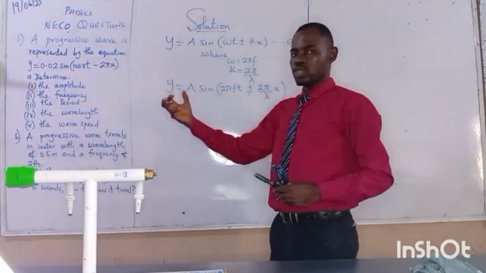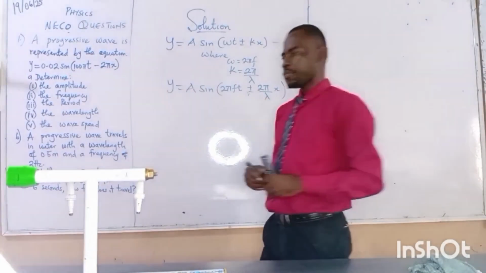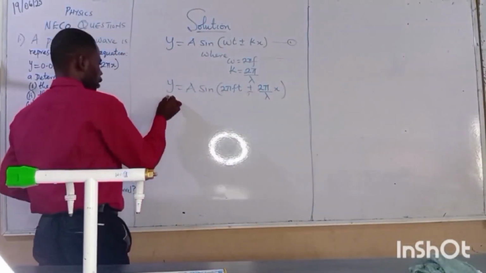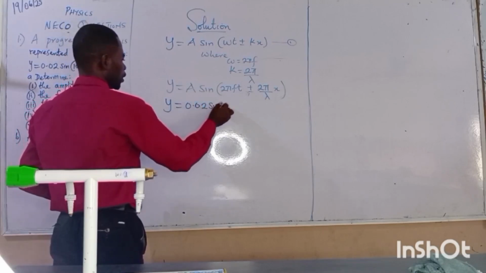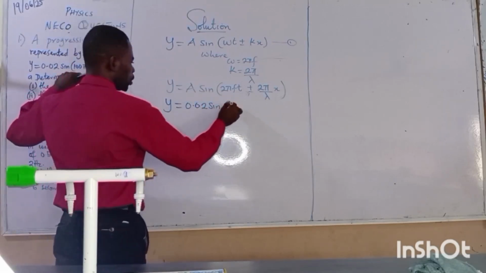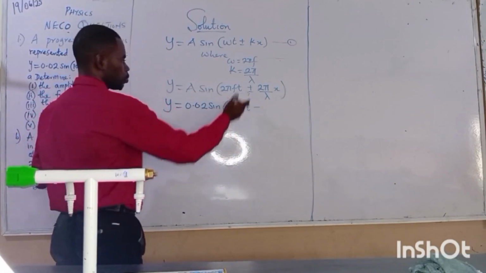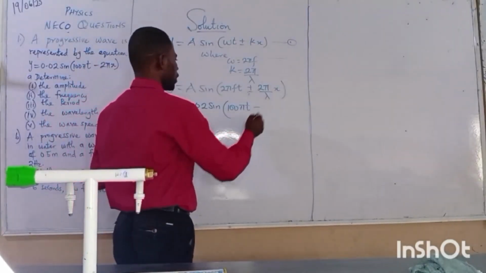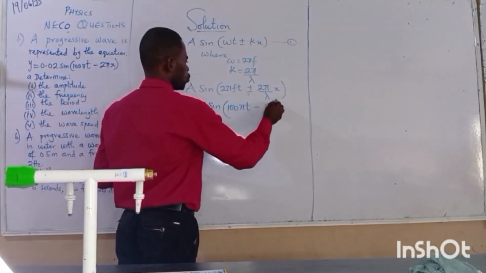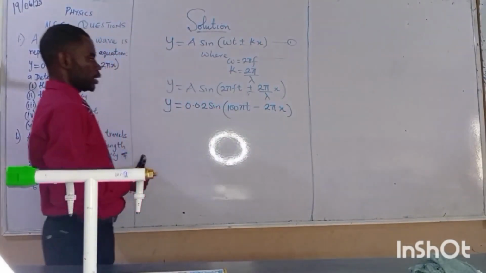So let me bring the equation given in the question here so that we compare. We have y equals 0.02 sine open bracket 100 pi t minus 2 pi x. The plus or minus is just direction; it does not affect the calculation.